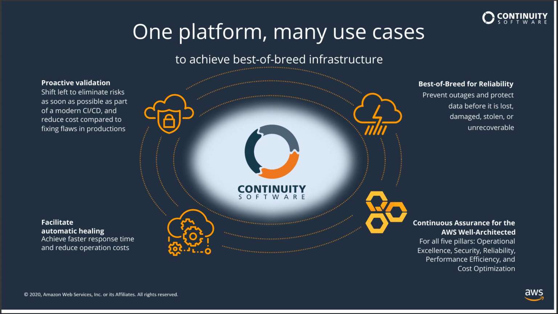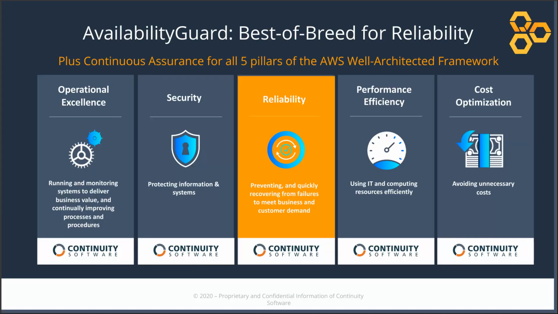The third use case is about continuous assurance with the Well-Architected Framework. From that perspective, we are covering all 5 pillars as described by Rob: operational excellence, security, reliability, performance efficiency, and cost optimization. I'll get back to that later and share more insight on that domain.